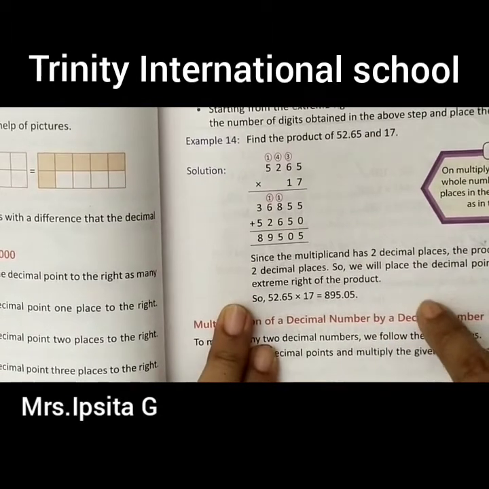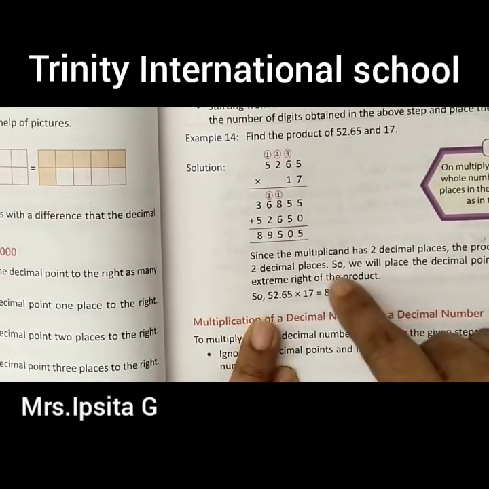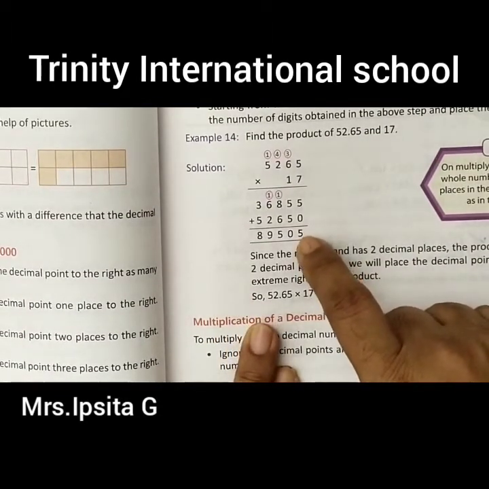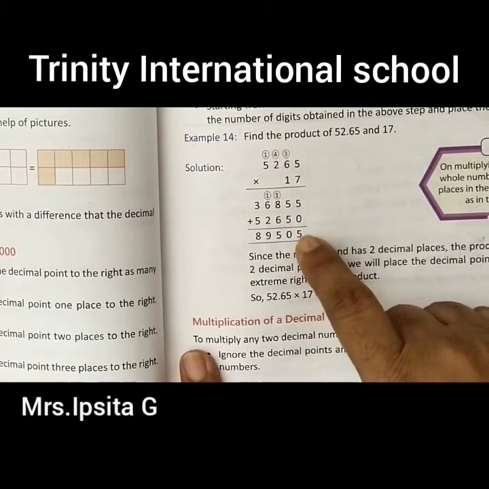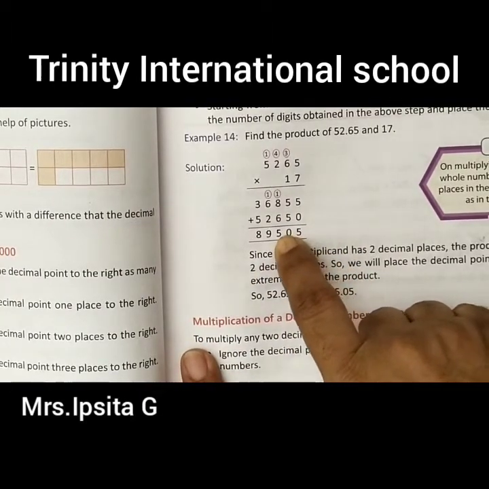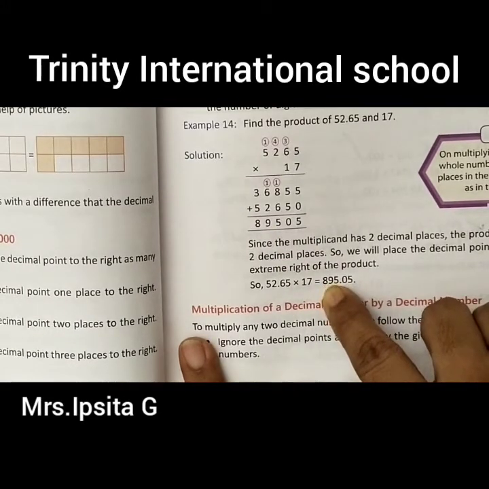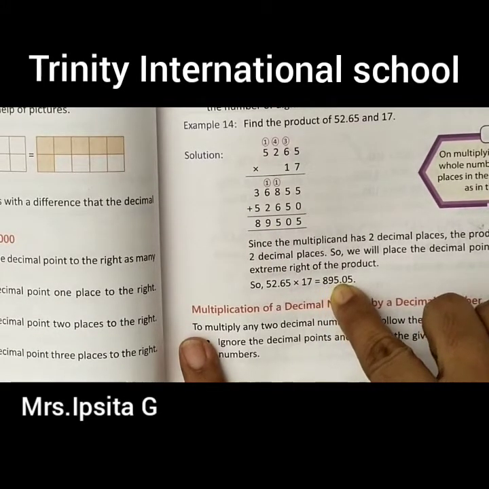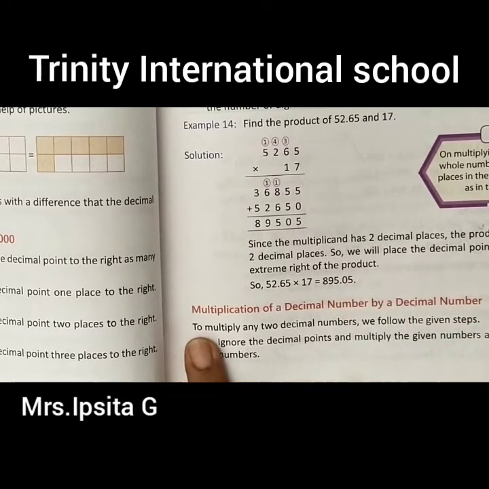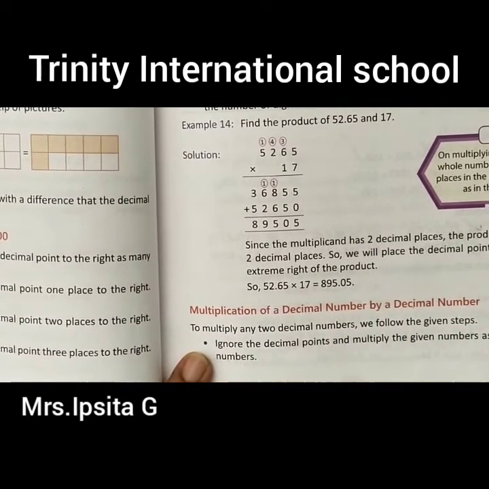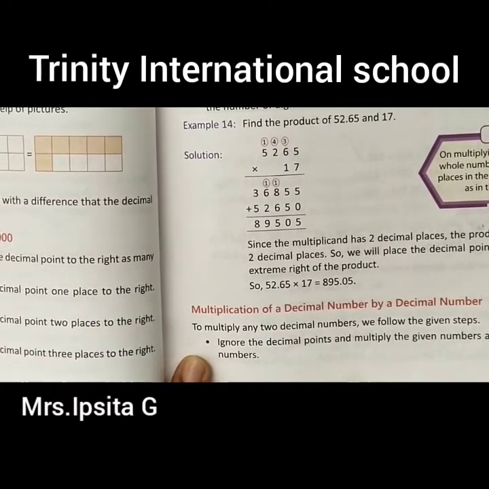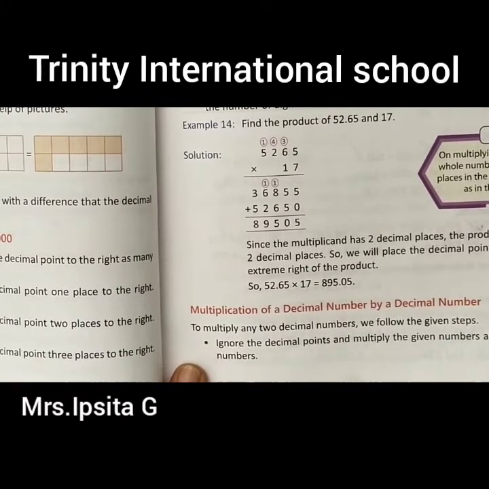So you are going to put the decimal after 2 digits. So towards your left hand side 1 2, so point will come here, so it will be 895.05. Okay, so this is how you are going to multiply a decimal number by a whole number.